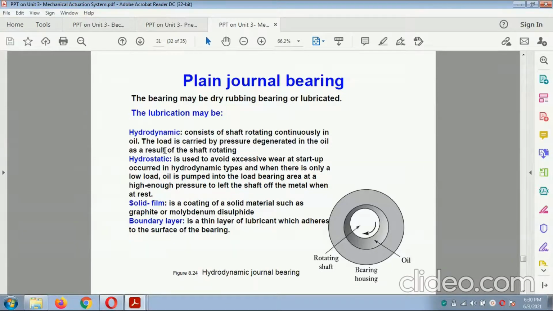Oil is pumped into the load bearing area at high enough pressure to lift the shaft off the metal. The solid film is a coating with a solid material such as graphite and molybdenum sulfide. The boundary layer is a thin layer of lubricant which arises on the surface of the bearing. This is a diagram related to the hydrodynamic journal bearing having a rotating shaft, bearing housing and oil.